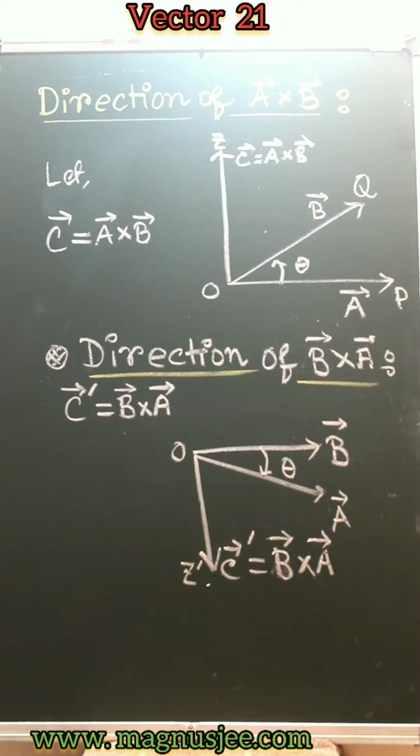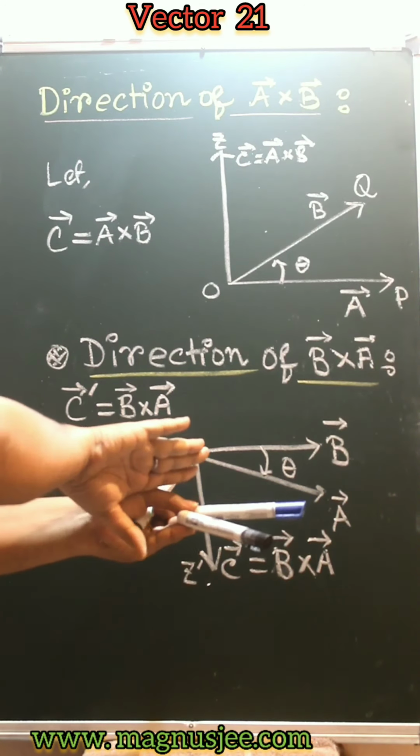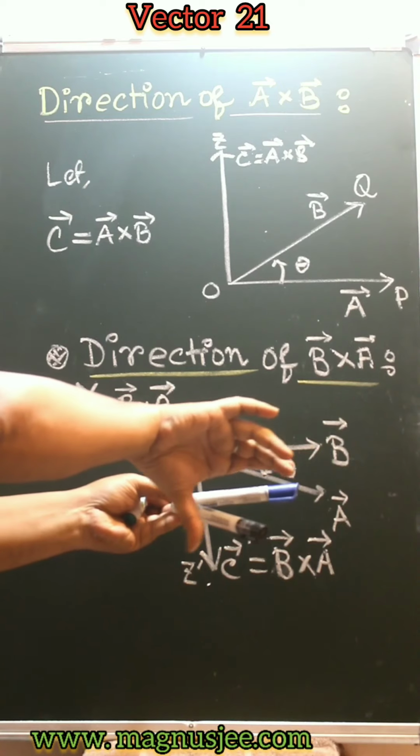Vector A cross vector B acts in the vertically upward direction, but vector B cross vector A will act in the vertically downward direction. Black color plane is vector A and blue color plane is vector B.